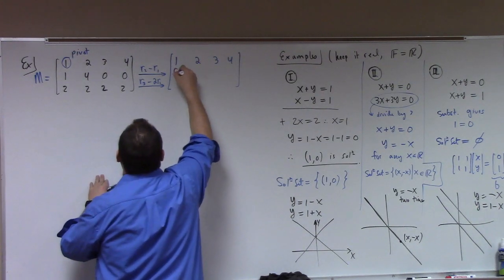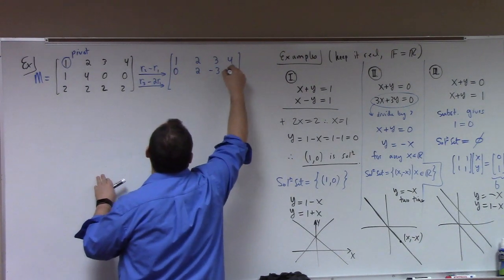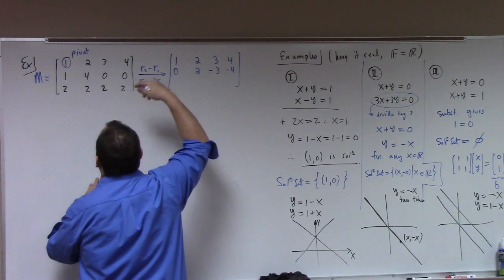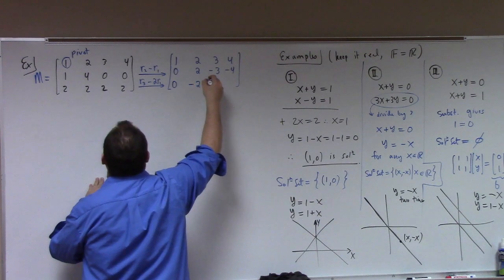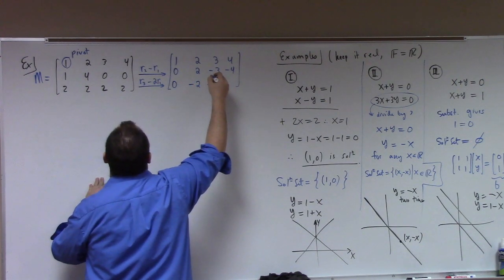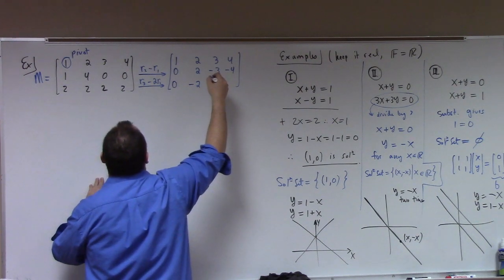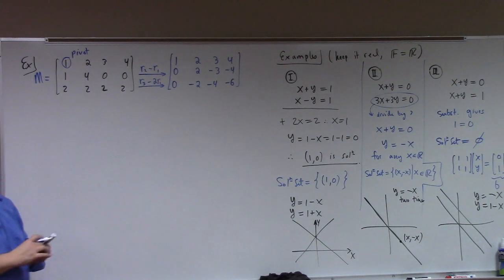And I got myself a 0, a 2, a minus 3, a minus 4, subtracting row 1 from row 2. And then I got myself a 0, a minus 2, looks like a minus 4, and what's 2 minus 8? Minus 6, all right. Great. So at this point, we have cleared everything out below pivot 1.